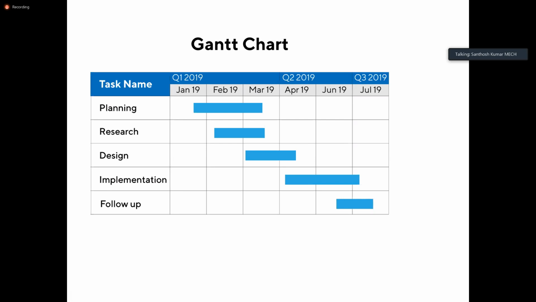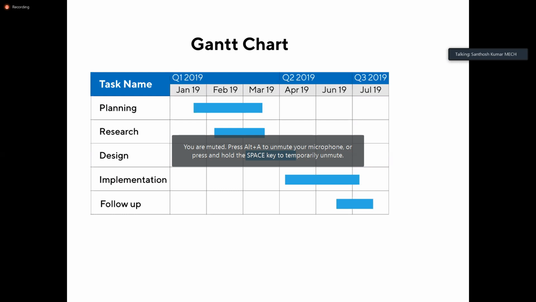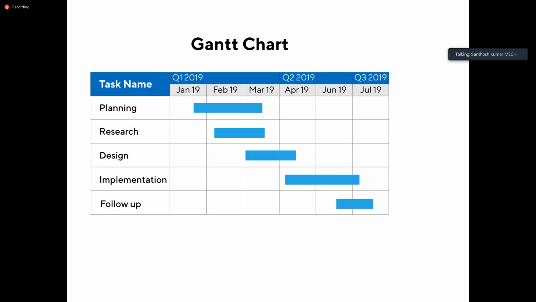Okay, whatever you are seeing now on the screen is a single project, or a service or whatever, but it should be one project. This Gantt chart is generally followed through Excel. The y-axis will be the project name and the project process inside it.